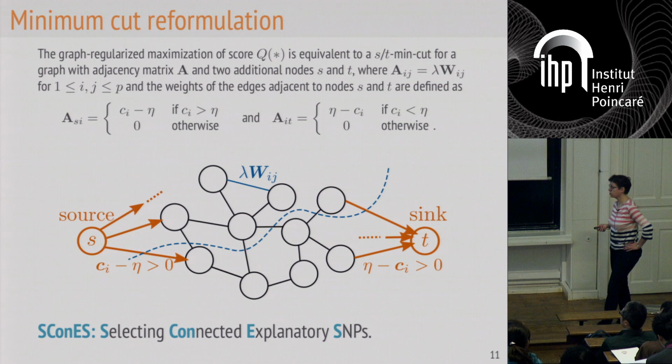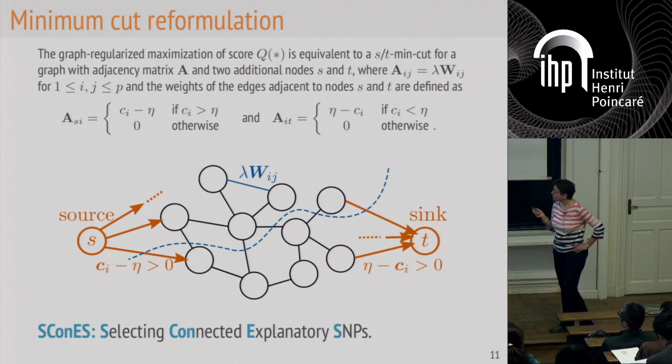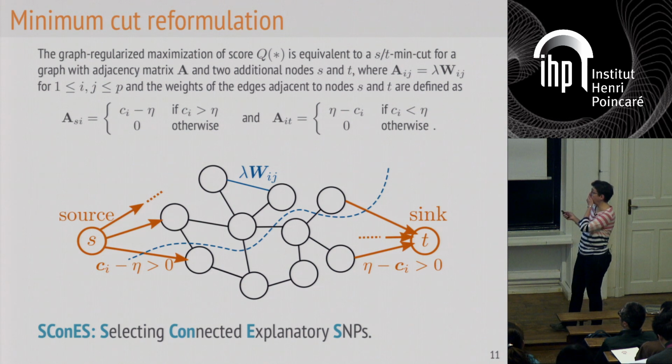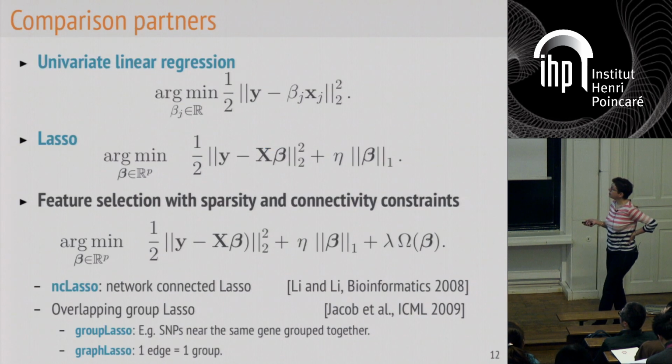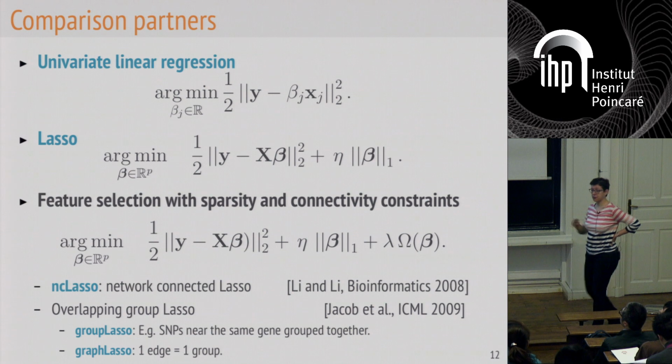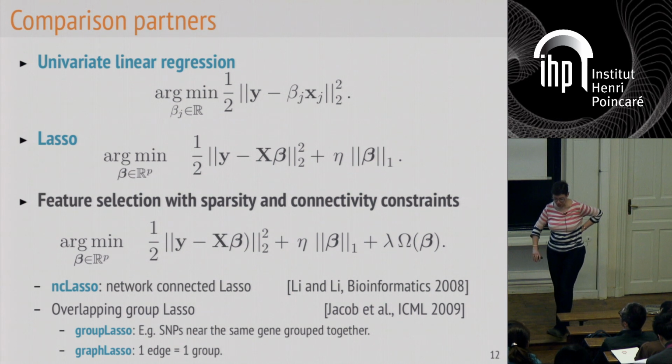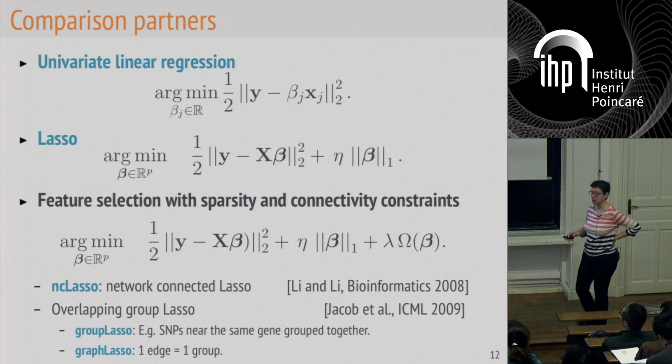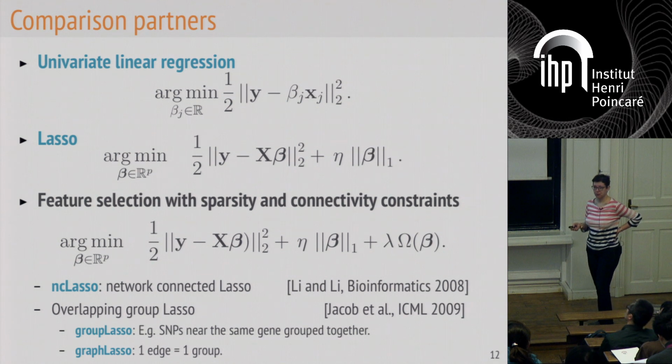Okay, so this is something we call SConES, because we were working on SNPs, so selecting connected explanatory SNPs. I'm going to go quickly over the results because there's something else I want to talk about, and this is work that's starting to be a bit old, so some people in this room have heard me talk about it before.